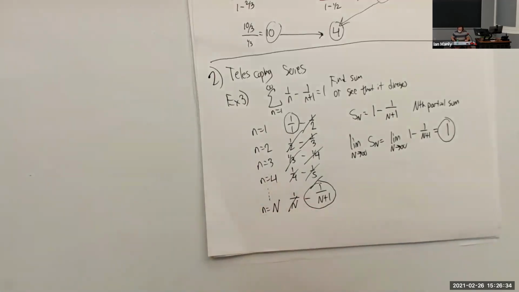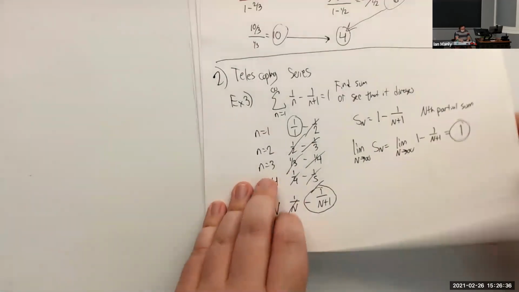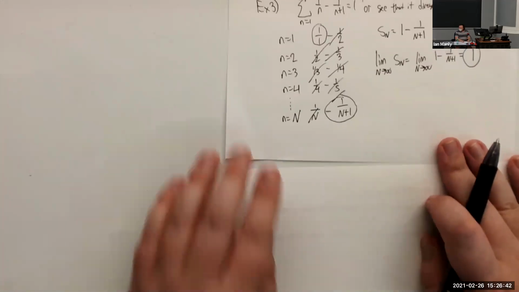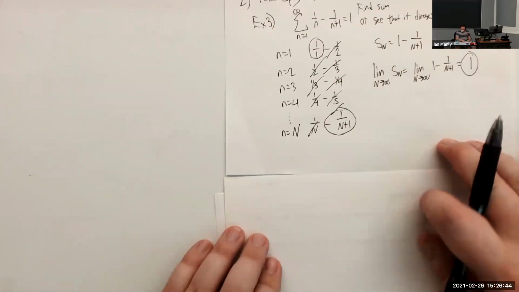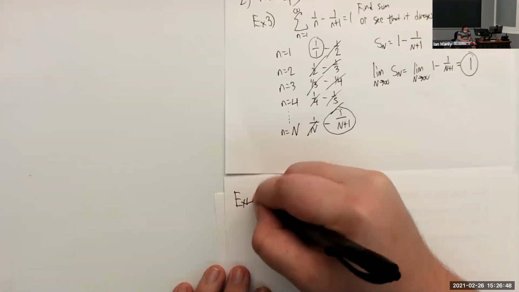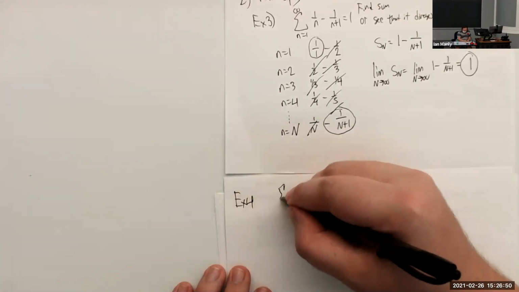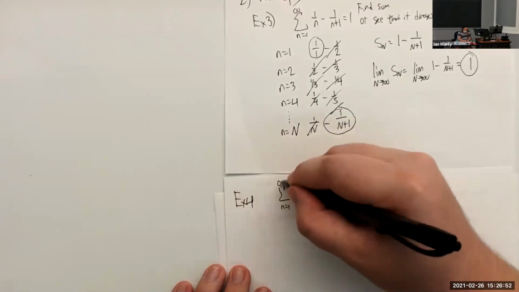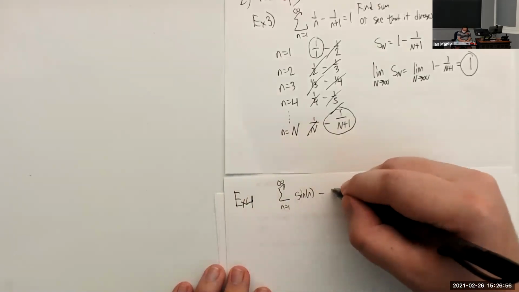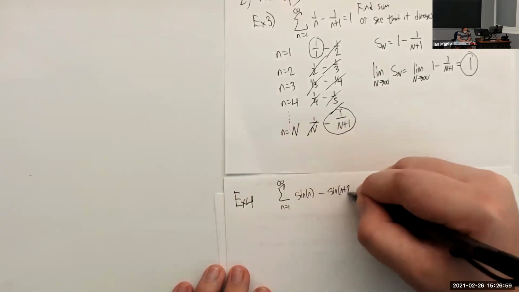All right, let's take a look at another example of this. It'll be a little bit different. This time, let's take a look at the sum from n equals 1 to infinity of sine of n minus sine of n plus 2.